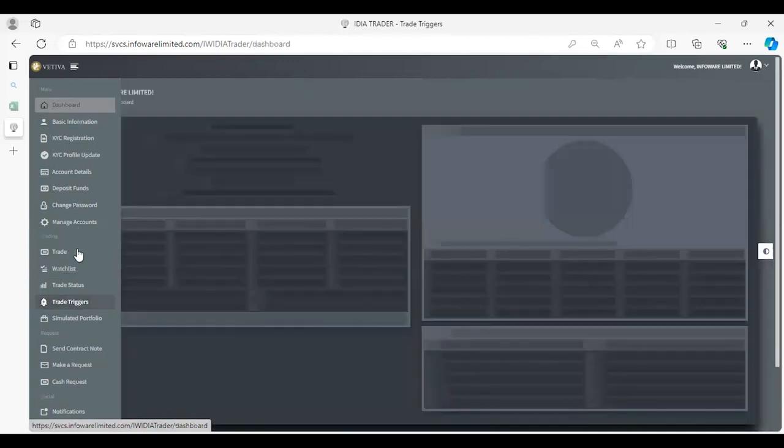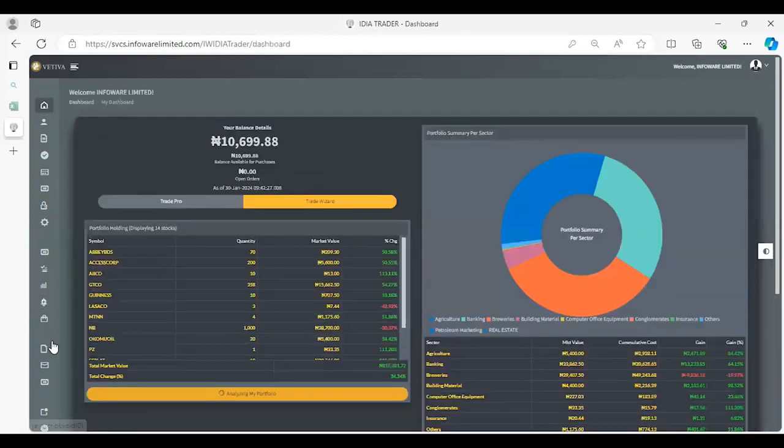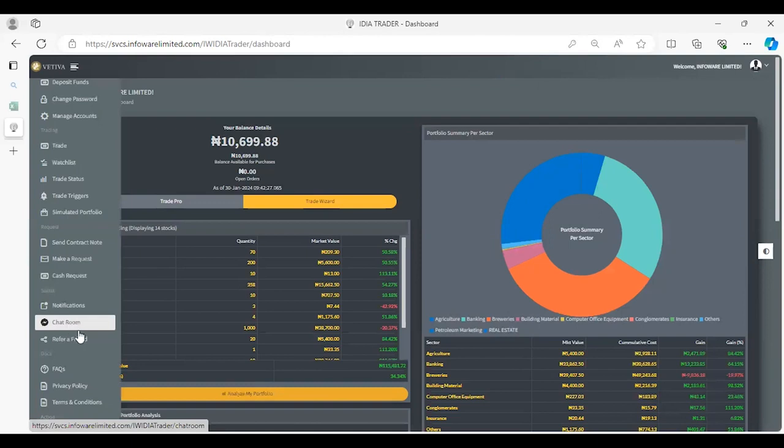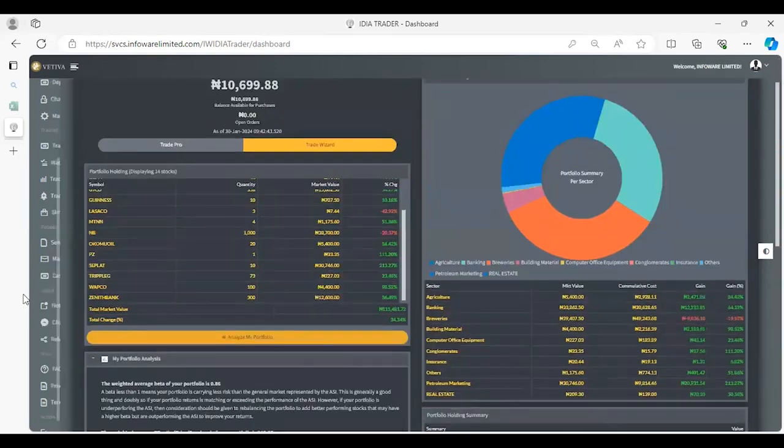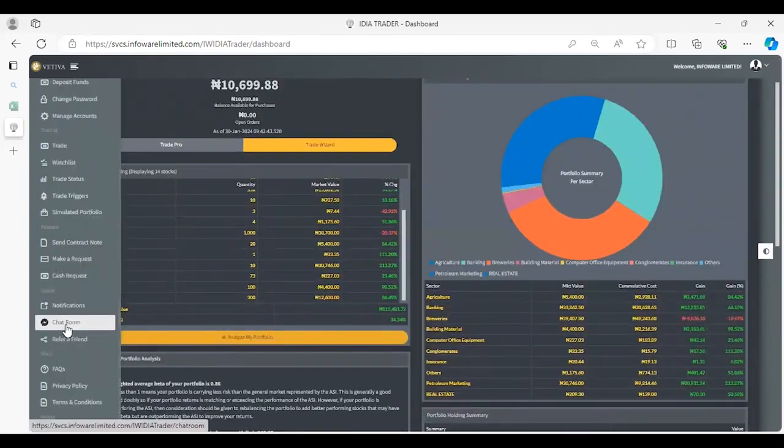And then you also have opportunities to join a chat room as well. So one of the things about a chat community is that when you're investing, sometimes you want to create a community around it and hear what other people have to say about the investment experience.